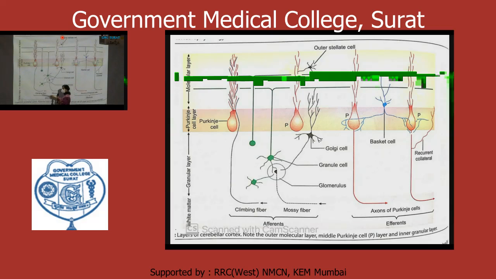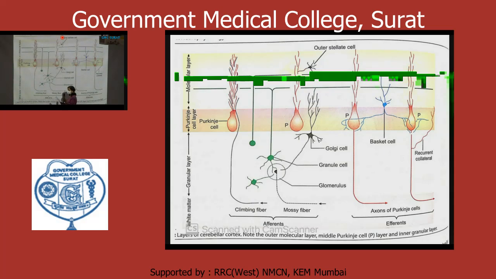The rate of generation of complex spikes will change. These fibers fire strongly because you have made a mistake while skipping the rope.